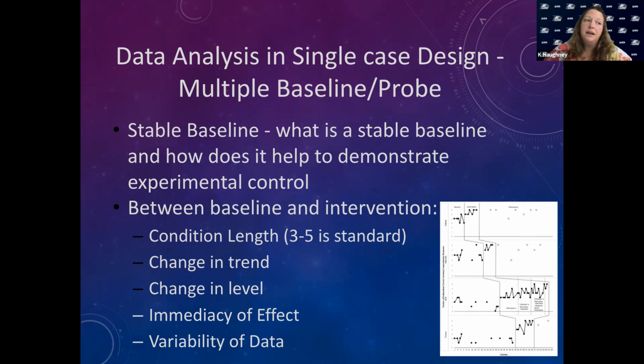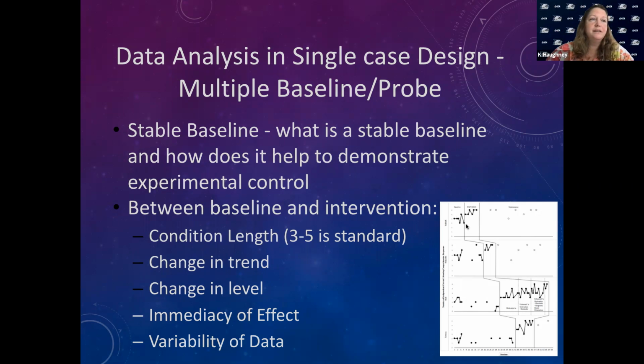The decreasing or flat trend is also very important, because if you have an increasing trend, then it's going to be difficult for you to say that the change in the data wasn't already happening before the introduction of the intervention. So just to give you a little orientation to this type of graph, when a line is introduced, there's a change between the different conditions.